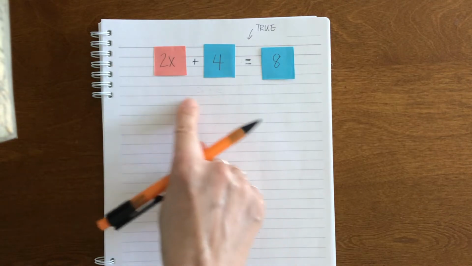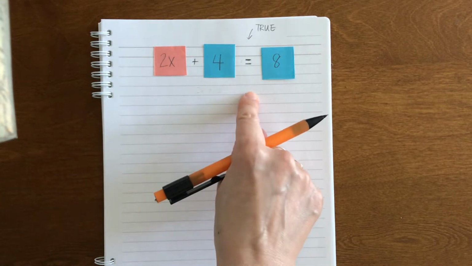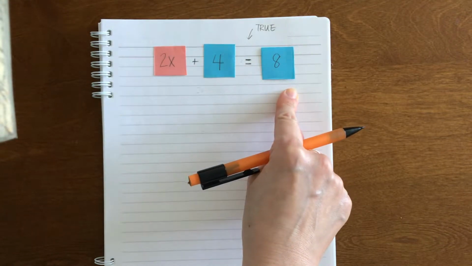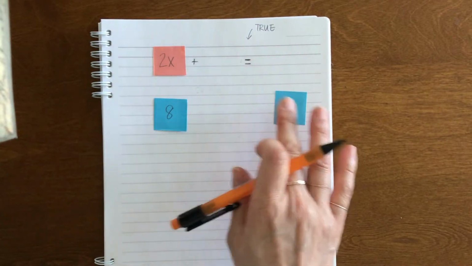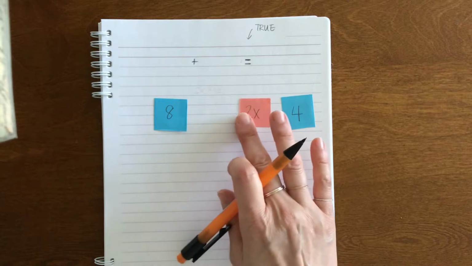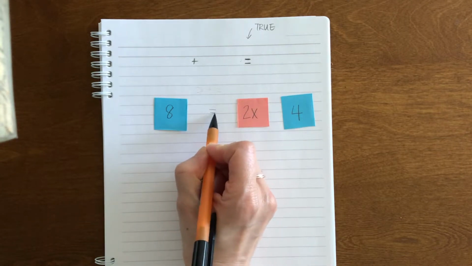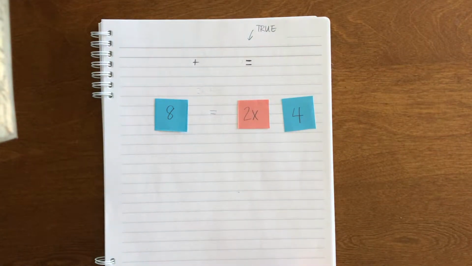That means whatever is on this side is the same as whatever's on this side. So we could even switch it around, and I'll play with this a little bit. We could even switch it around so that we could write it like this, okay?